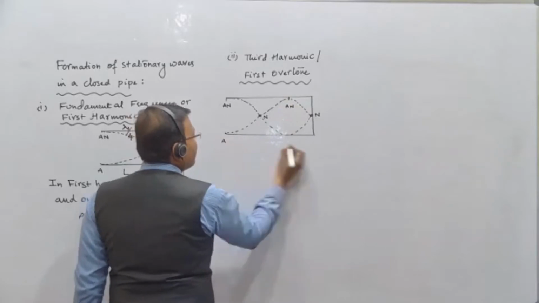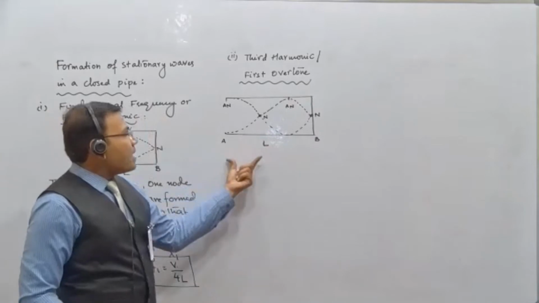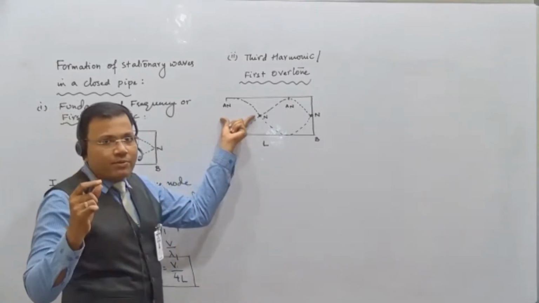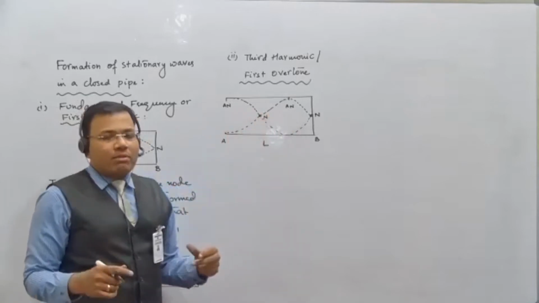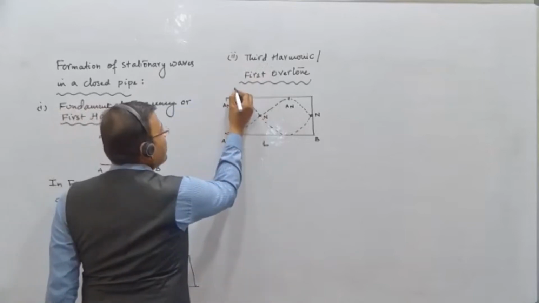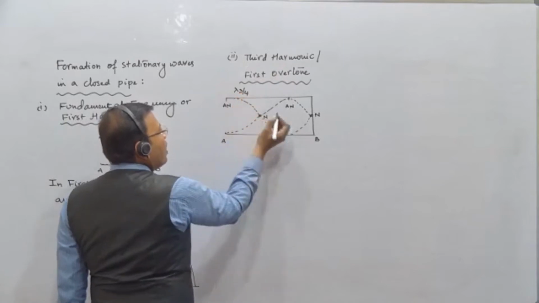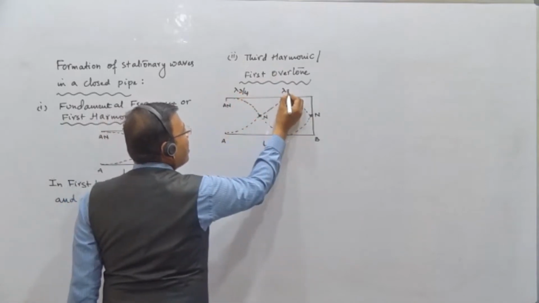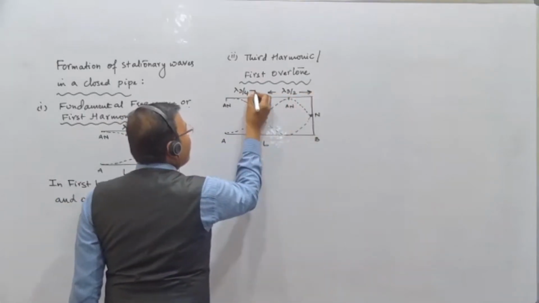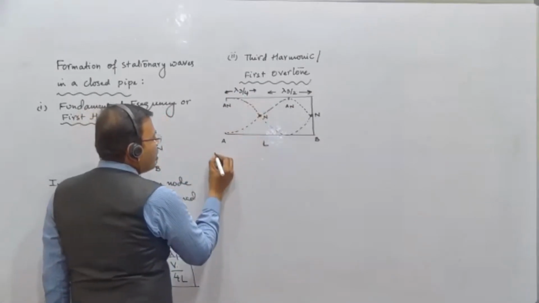Now if I consider this as AB, and the length of the pipe as L, in terms of the wavelength this is a half loop, that is lambda by 4, and this is the complete loop, that is lambda by 2. Because it is the third harmonic, I take lambda 3 by 4 for this, and lambda 3 by 2 for this. So from here to here it is lambda 3 by 2, and from here to here it is lambda 3 by 4.